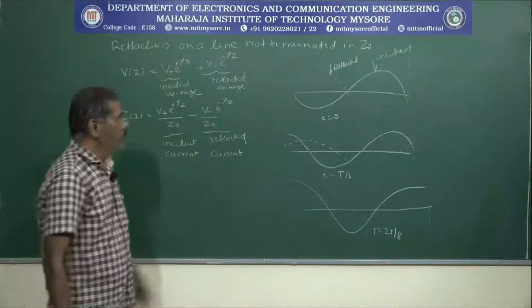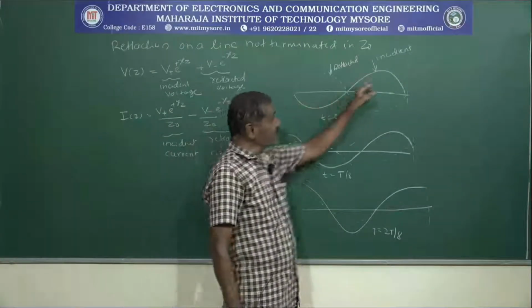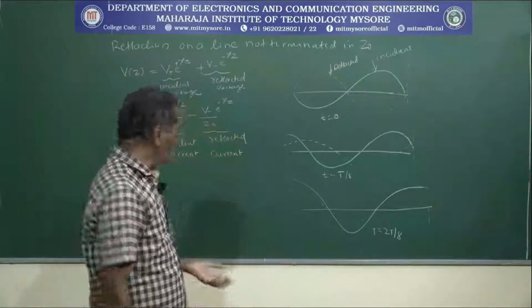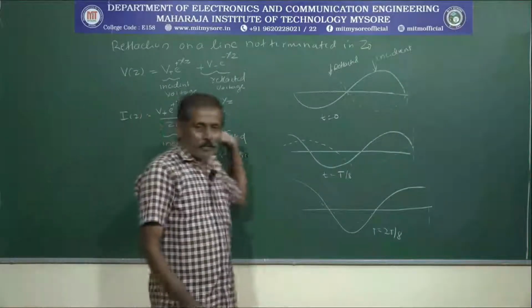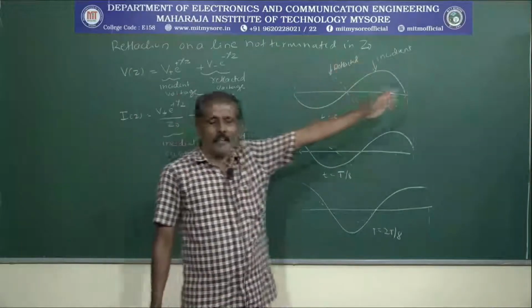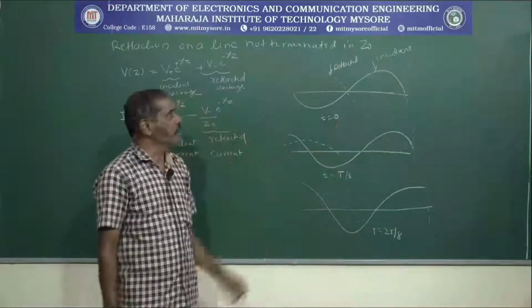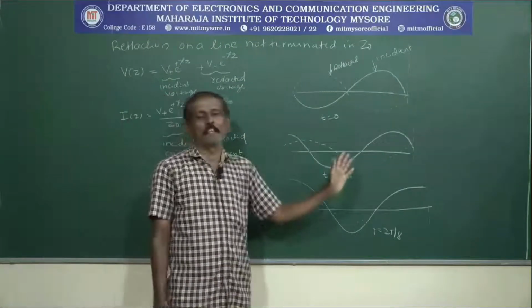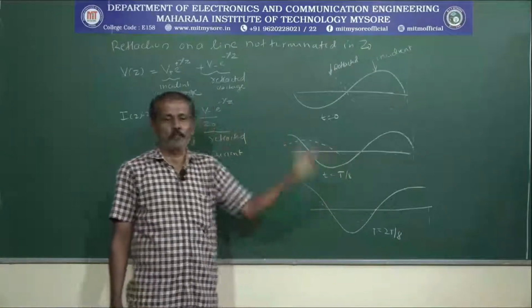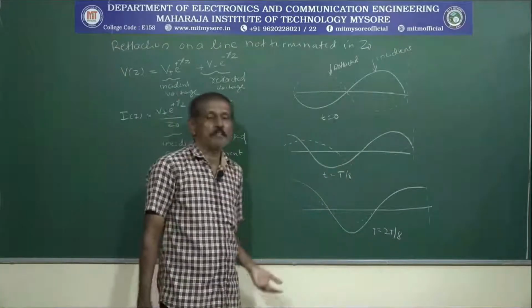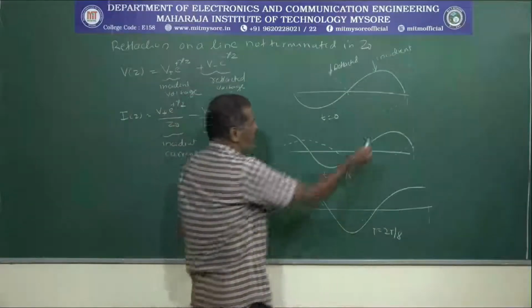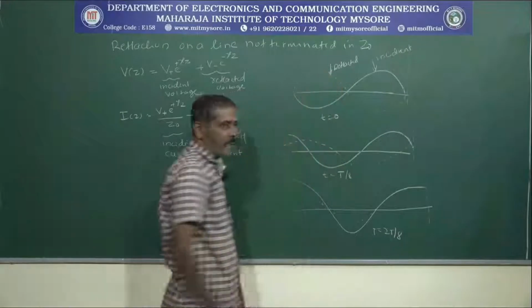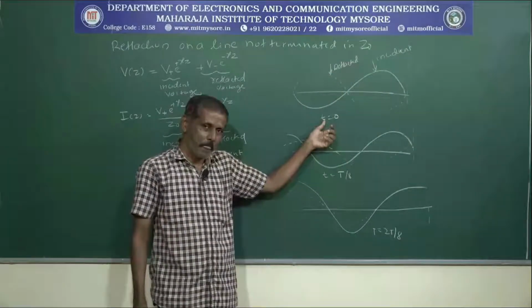It may be a reflected voltage or a current. This is one particular cycle of your input voltage or current. What you apply at the input end, at the terminating end, if it is not terminated with the characteristic impedance, is not completely absorbed by the receiving end, and some of the signal will be reflected back. This reflected wave is shown with the dotted lines at time instant t0.